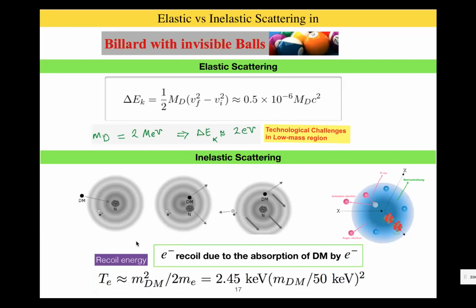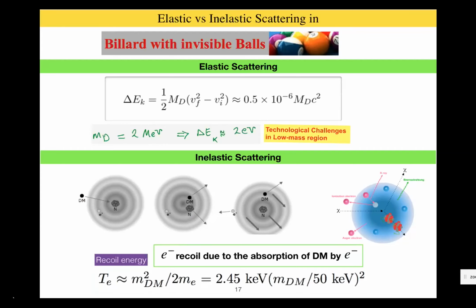The strategy here is used in inelastic scattering, in the process in which we have absorption of the dark matter particle and then emission of the electron, something like the process that I showed you on the right-hand side of this figure. The kinetic energy exchange in this process, you can see, is around the mass of the particle.